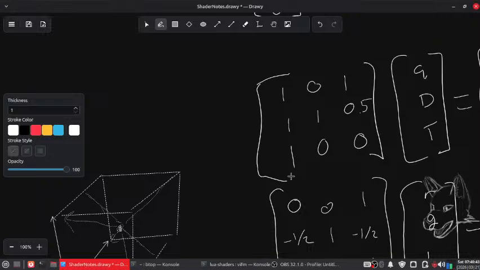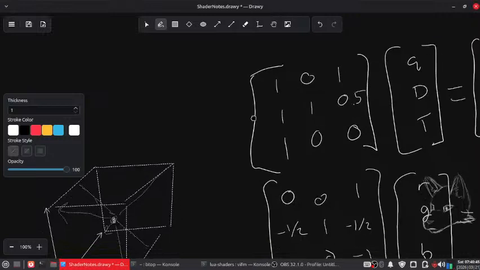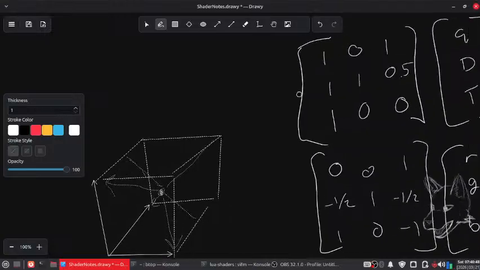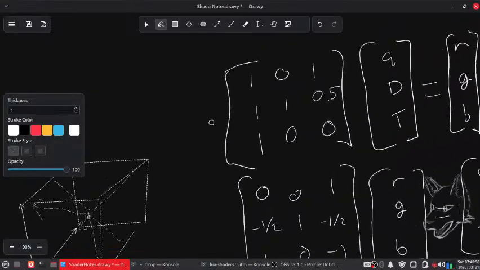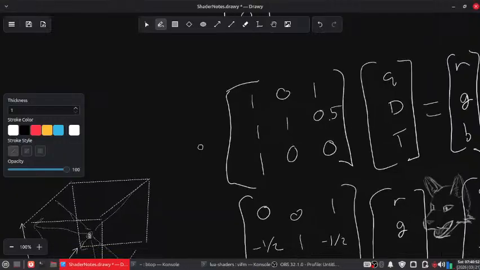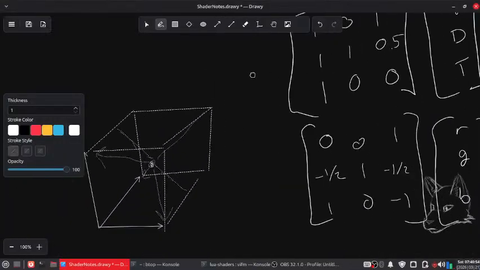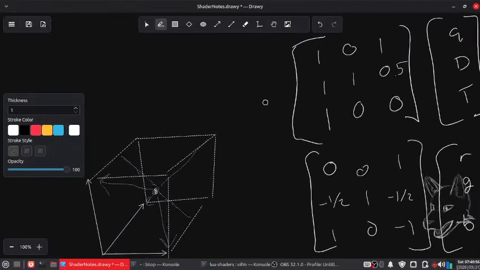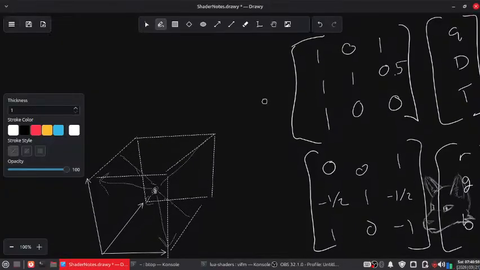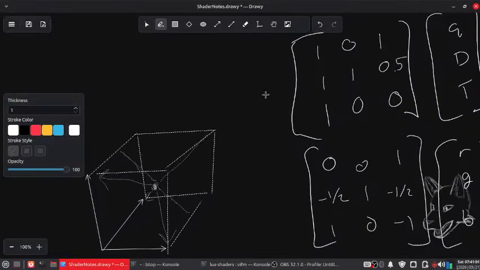Is that the correct thing? It should be a change of basis. This is the basis. Green is green is green. You just use the basis vectors for each of the different things. GDT. D is green. G is just green, plus minus green.